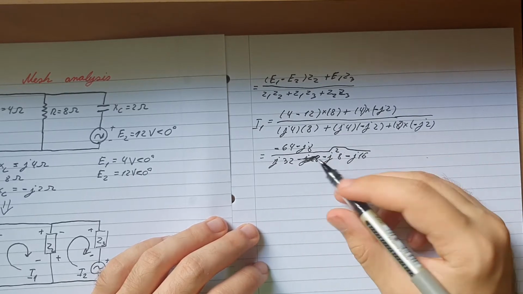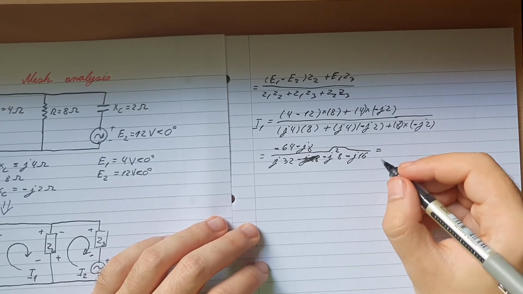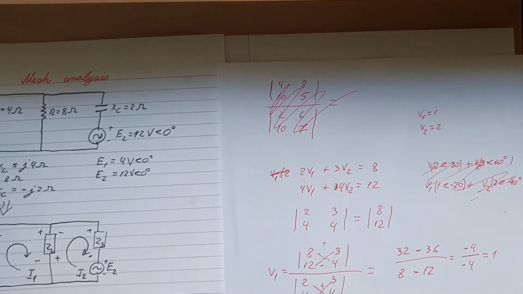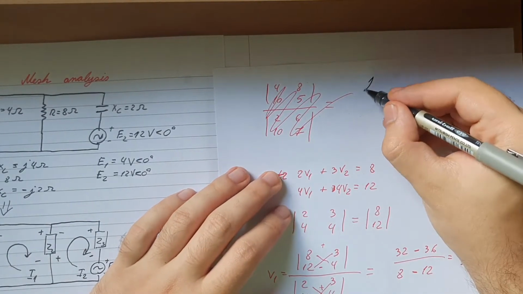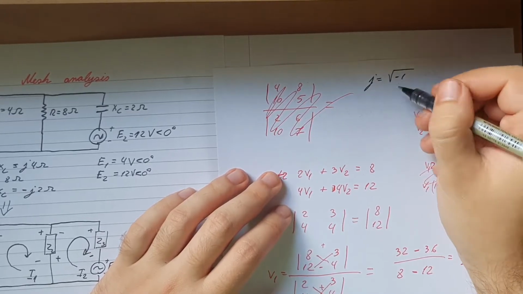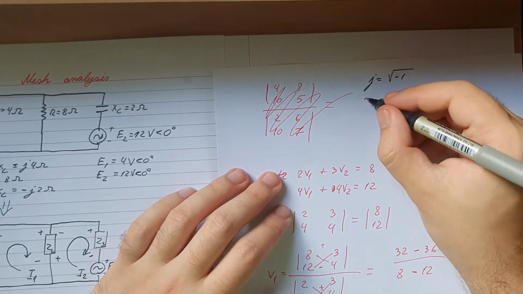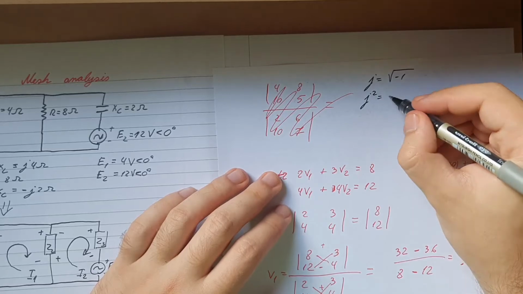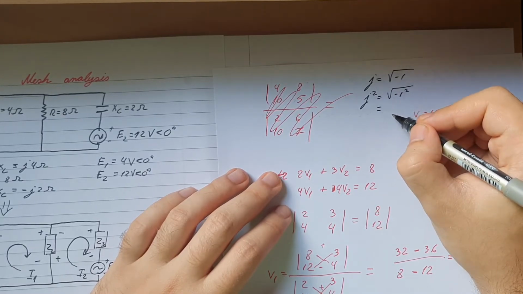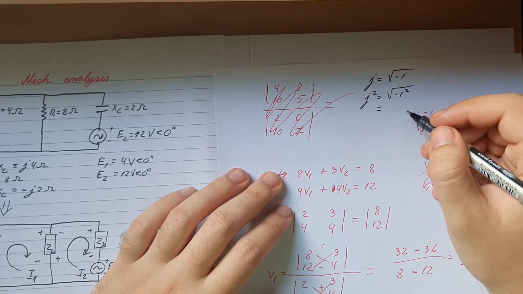I'll be dividing by that. Another thing we didn't really use much before, but now it's a good time to bring up, is that j is equal to the square root of minus 1. That's why it's an imaginary number, because you simply cannot calculate this. So j squared is equal to the square root of minus 1 squared, and that simply equals minus 1.